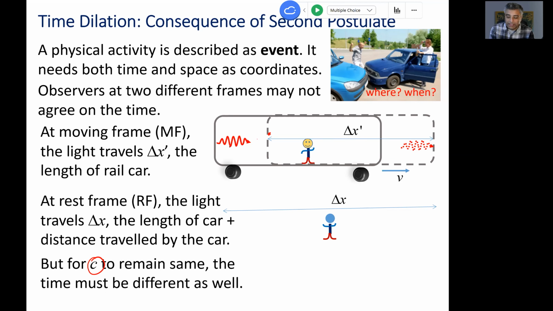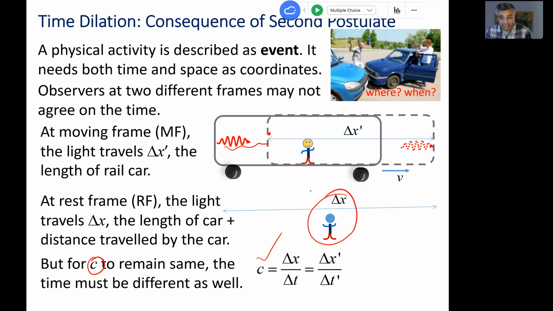The speed of light is the same. So what does it mean? So let's write down the equation for the speed of light. Since the speed of light is the same for this observer and that observer, remember, that's Einstein's theory that we are trying to use here, okay? So for both observers, the speed of light must be the same according to Einstein's theory.